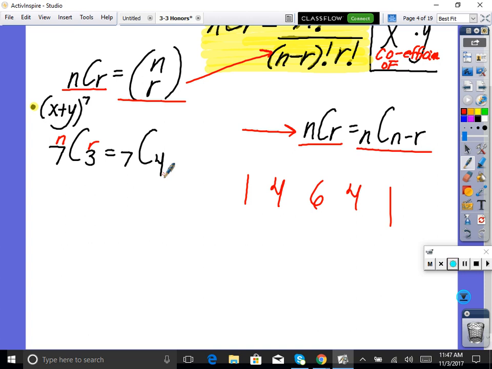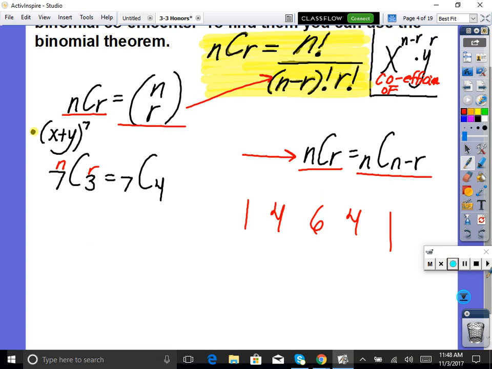Okay, here we go. Let's plug this into our formula. We would be doing 7 factorial divided by (7 minus 3) factorial times 3 factorial. I'm just plugging it into the nCr formula here.